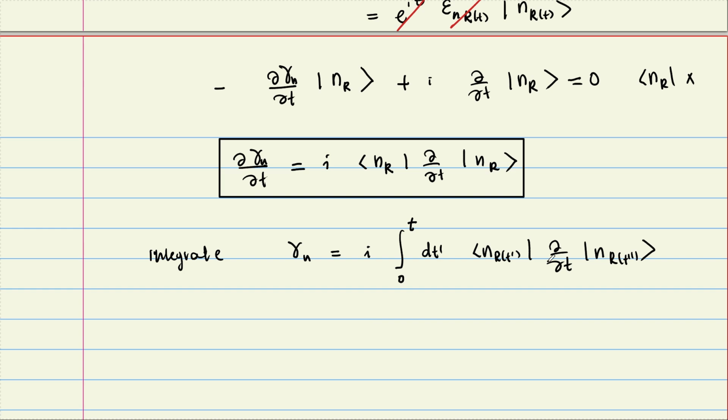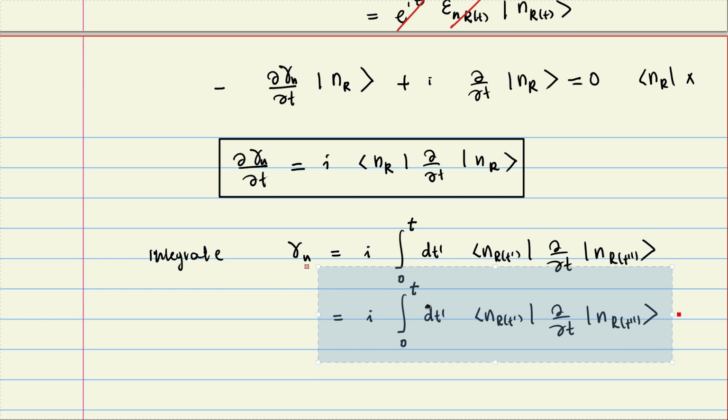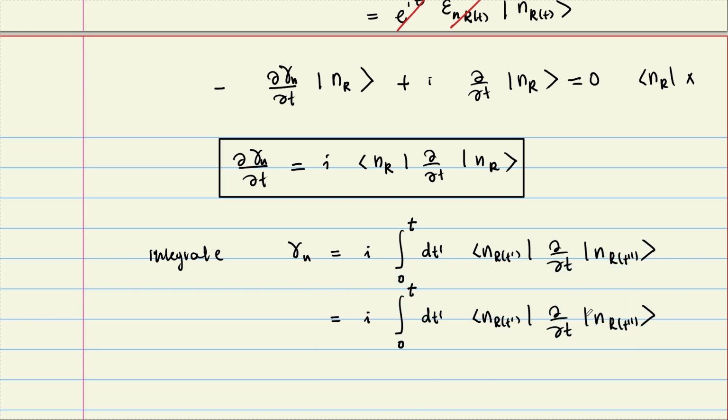And here I want to do a change of variable. So this one I want to write, let me do it in two lines, like r del r, right?